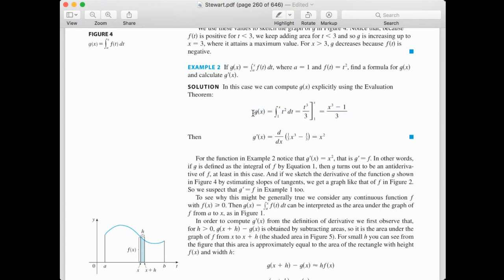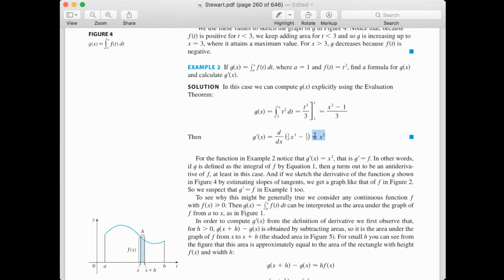So it's a function, and we call this function g. With this function, we can take a derivative. So g prime: the derivative of 1/3 of x cubed equals x squared, and the derivative of negative 1/3 is 0. So g prime of x equals x squared.